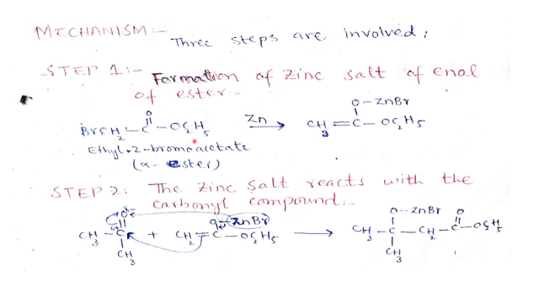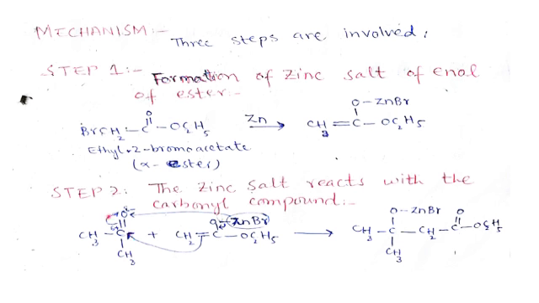In the second step, the zinc salt reacts with the carbonyl compound. This carbonyl group is attacked by the intermediate enol ester, and the pi electron density on the negatively charged side of the molecule will attack the positively charged electrophilic center of the carbonyl carbon.